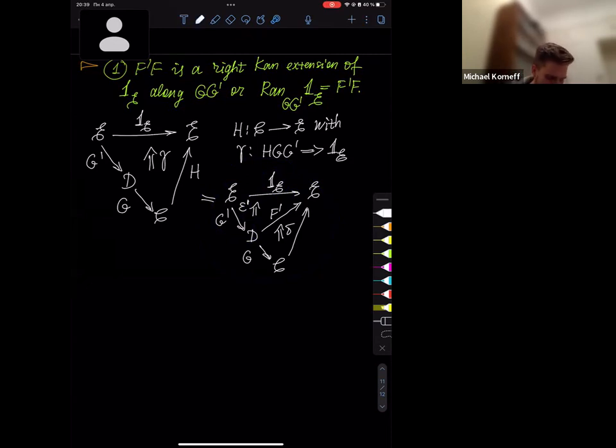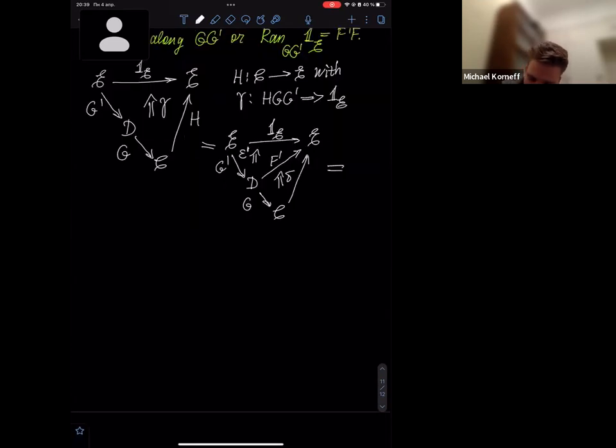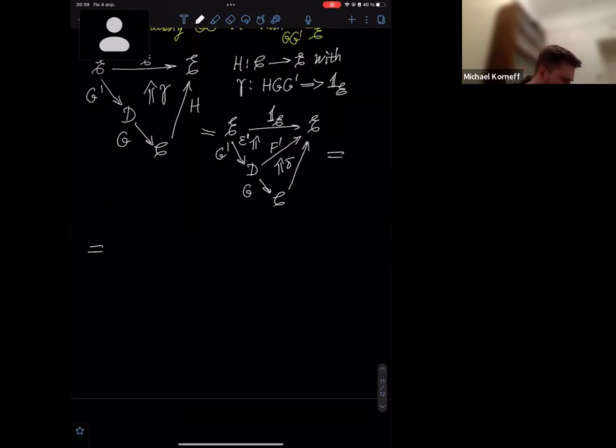Okay, and now we can use a technique of adding trivial cells and removing them, and we add some cells.